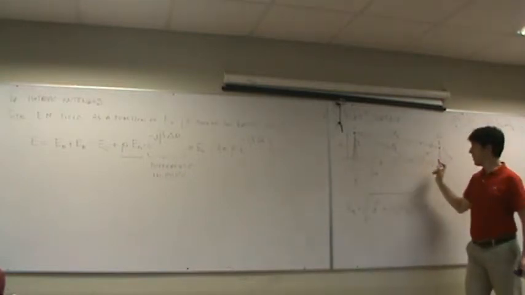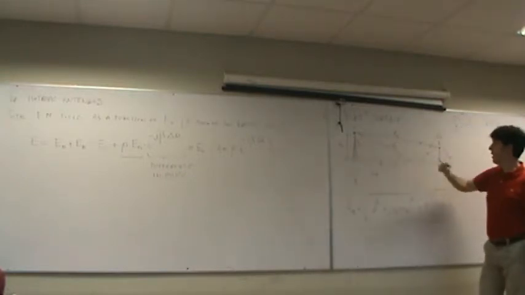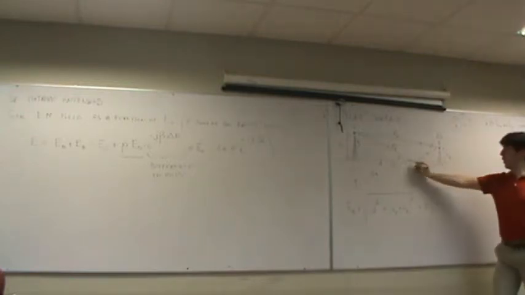If this distance is much bigger than this tower, then the angle would tend to 0, would be very small. Because the distance is very big, this angle will be very small, almost 0.